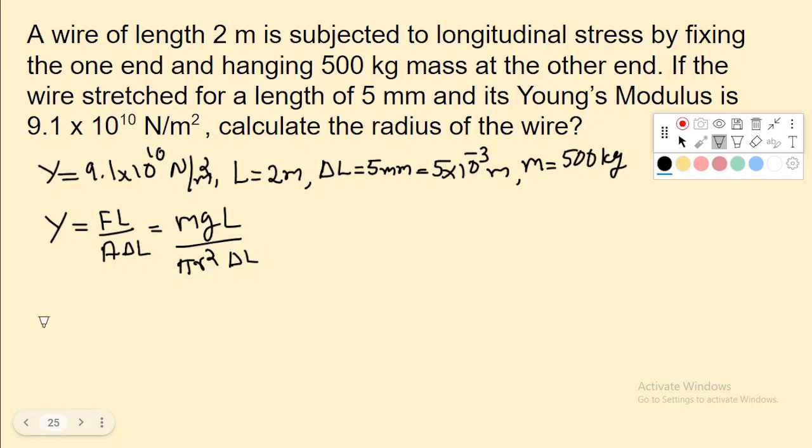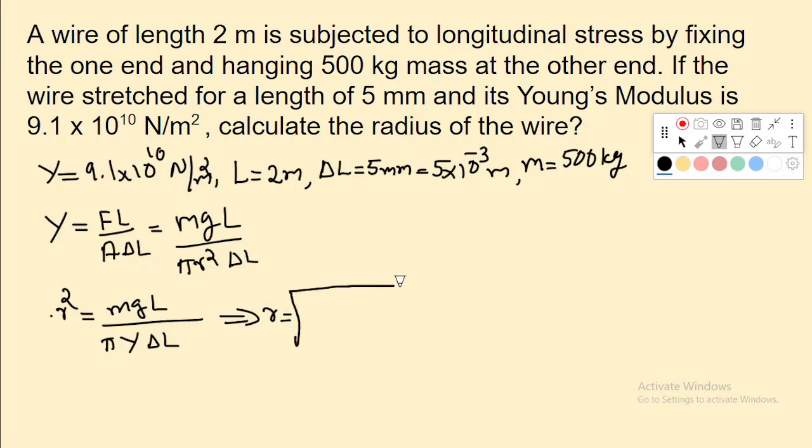First, the radius square is equal to mgL divided by pi Y delta L. Therefore, radius r is equal to square root of mgL divided by pi Y delta L.